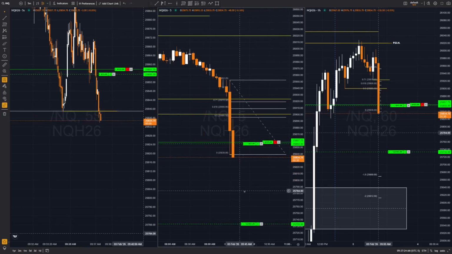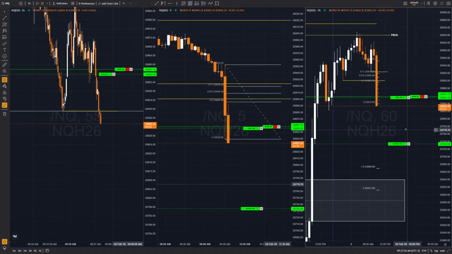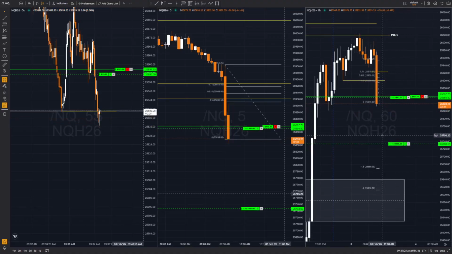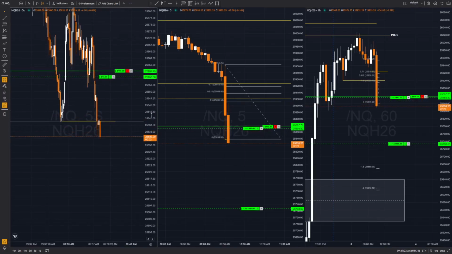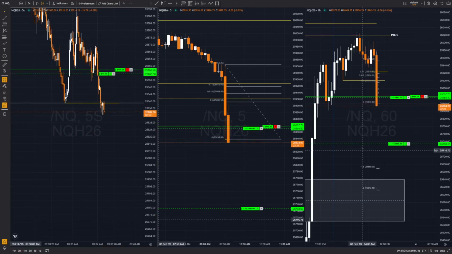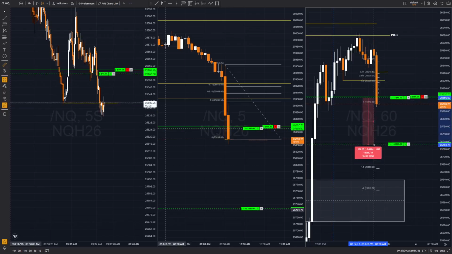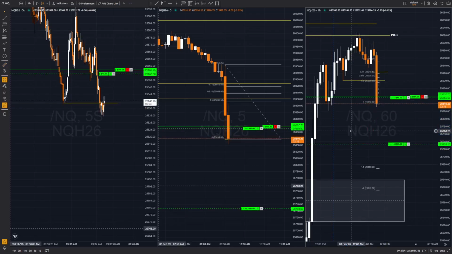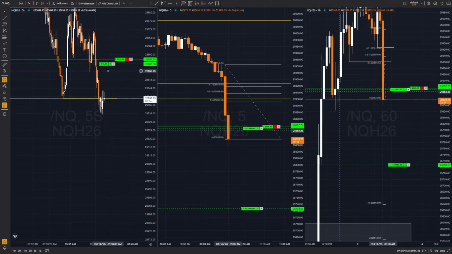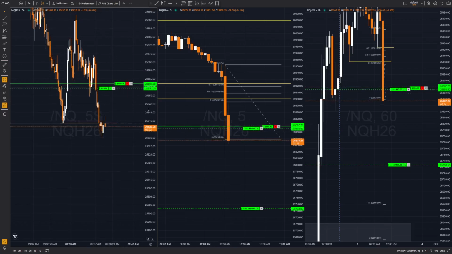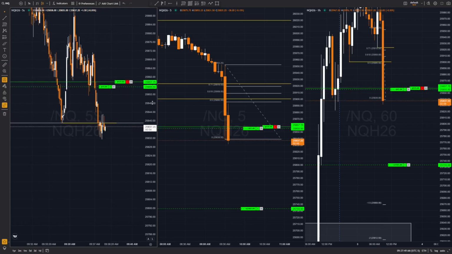I honestly wish I was in for micros, because if I was in for 10 micros, then at this low, I would take off half of my position, which would be 1,200 bucks, which is half of this, obviously, because that's just how it works, but I kind of want to give this a little bit of wiggle room.